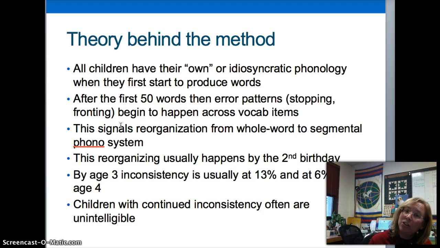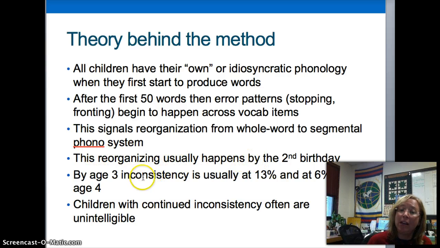After the first 50 words, then we start seeing patterns to the errors in your typically developing children. These error patterns show that the whole system is starting to reorganize from a whole word chunk to the segmental phonological system. We usually see this reorganization happening by the second birthday.